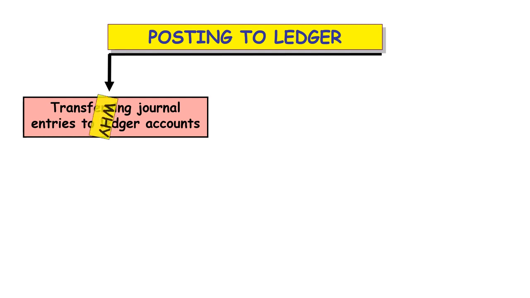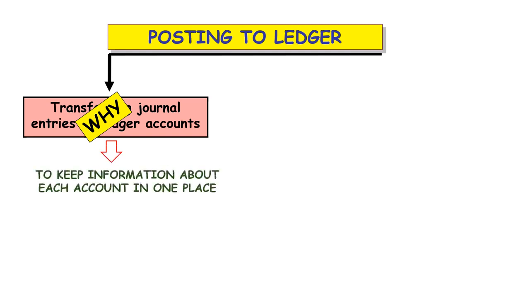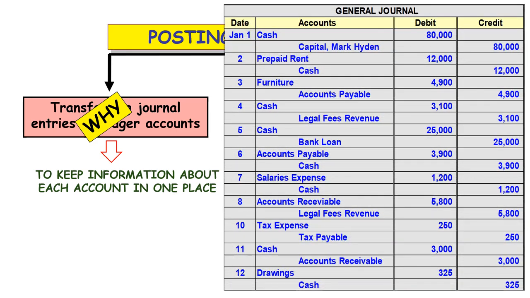The question that comes up is, why do we need to post to ledger accounts? The reason is that companies want to have information about each account in one place. Let me help you understand this with an example. You can see the general journal, which we did in our first video.